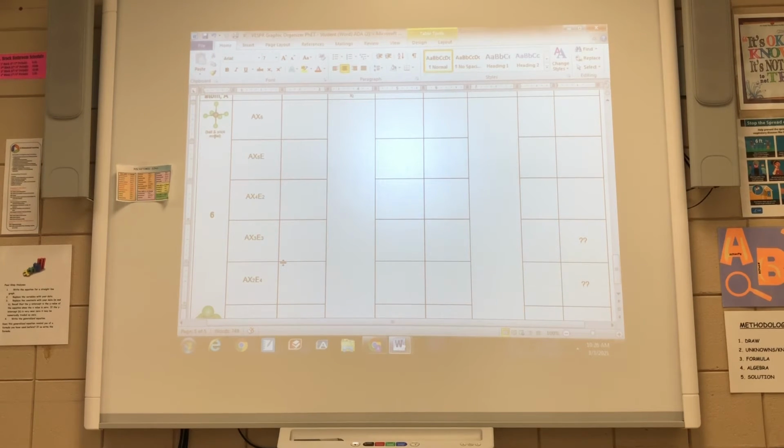So we're going to have A, which is going to be one central atom with 6 coming off of it.